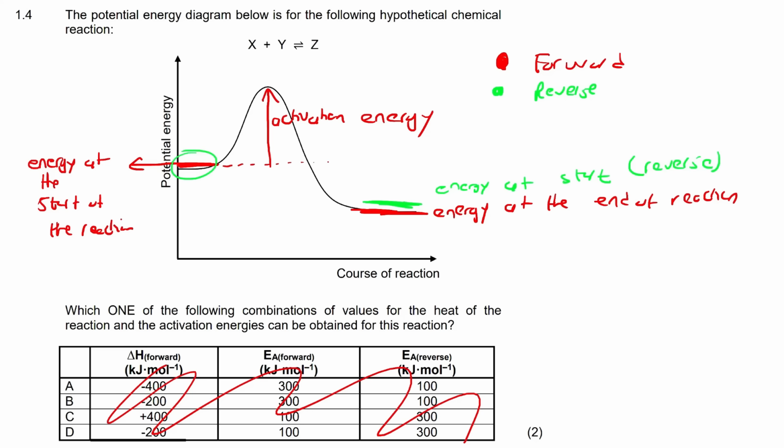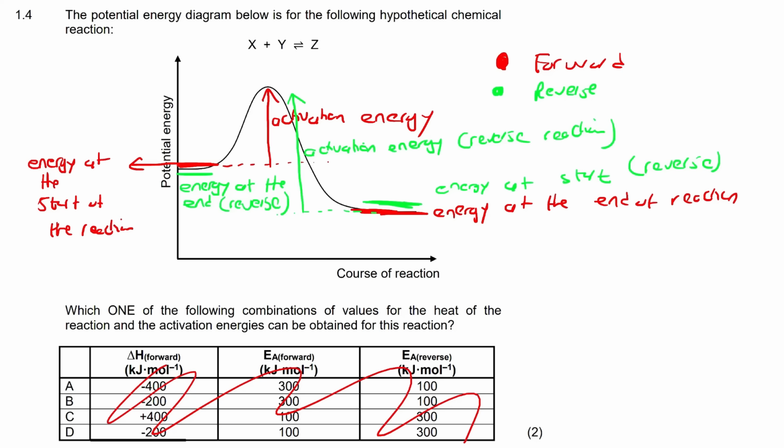And then this over here would be the energy at the end, but that's when we're doing the reverse reaction. And then to get the reaction to actually start, you would have to go all the way from here up to the top over here. So you would have to go all the way, or let's just do a dotted line over here. You would have to go all the way up to there. And so that would be your activation energy in green of the reverse reaction.